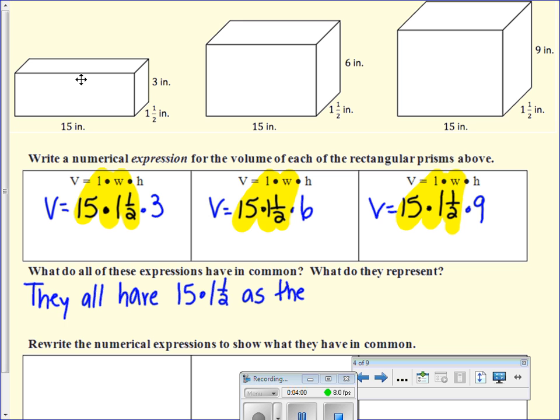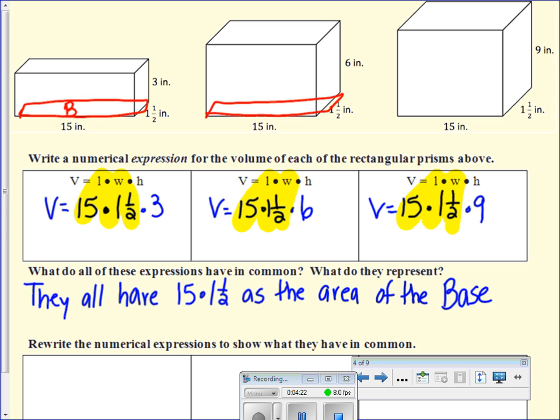That's what? 15 times 1.5 is the area of what? Area of the base of the box. So if I were to look at just the bottom of the box, that's the area of the base. So here, 15 times 1.5.